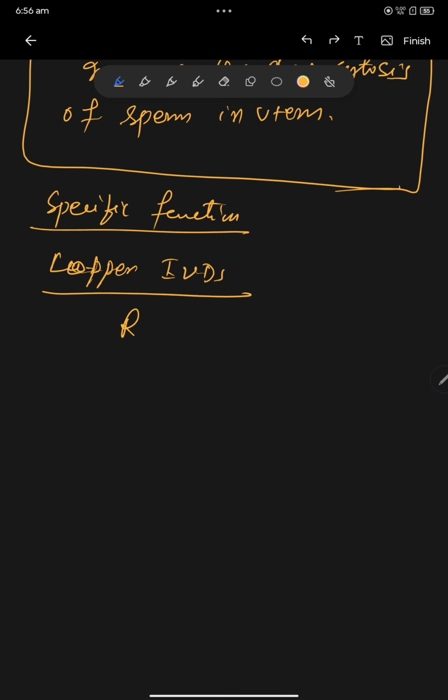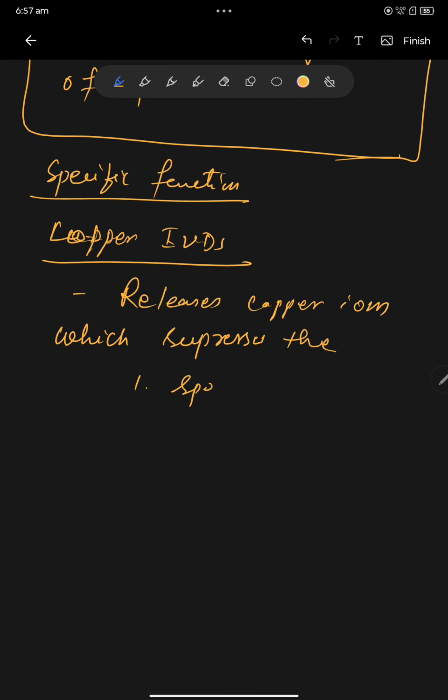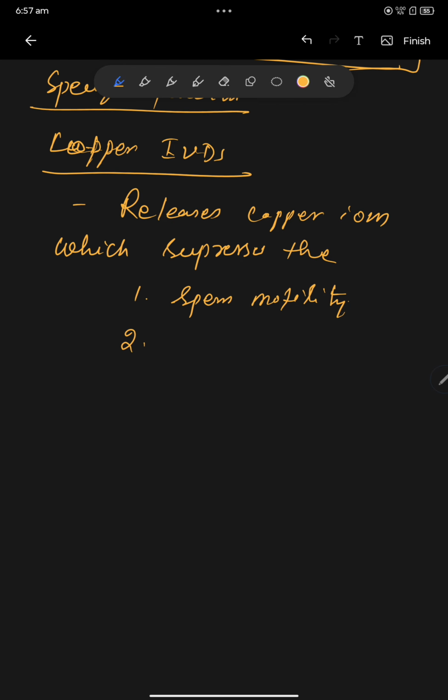It releases copper ions which suppress, number one, sperm motility, and number two, the fertilizing capacity of sperm.